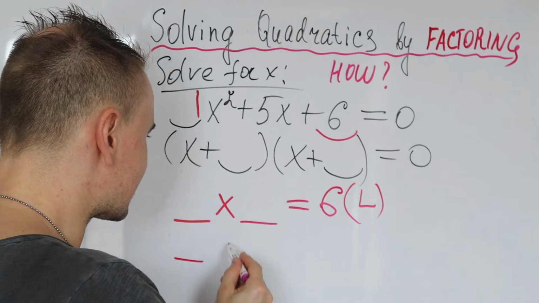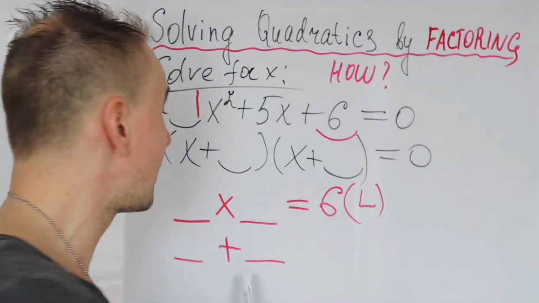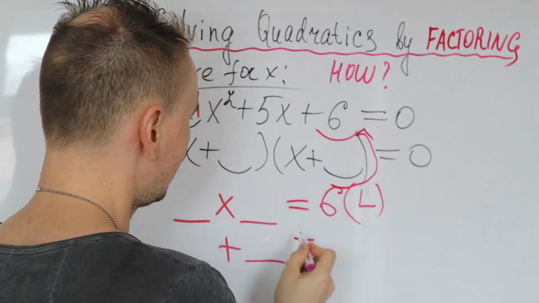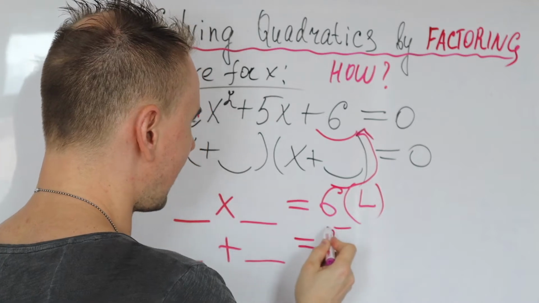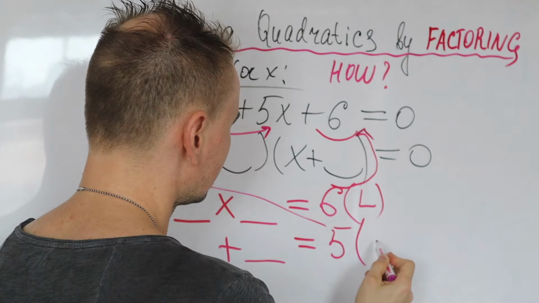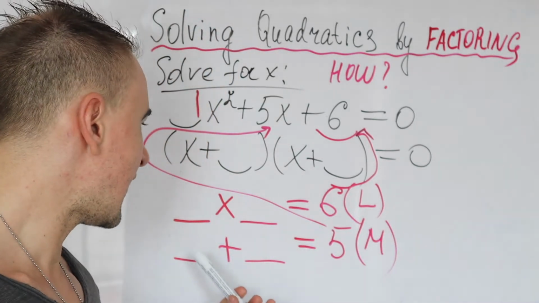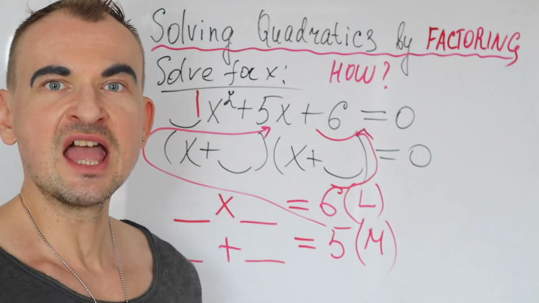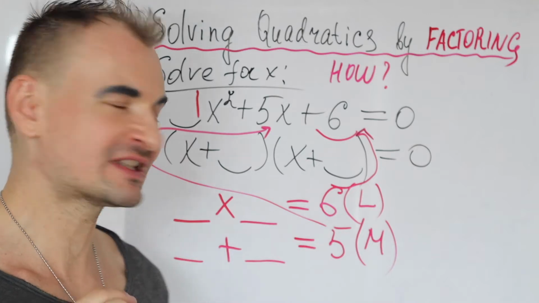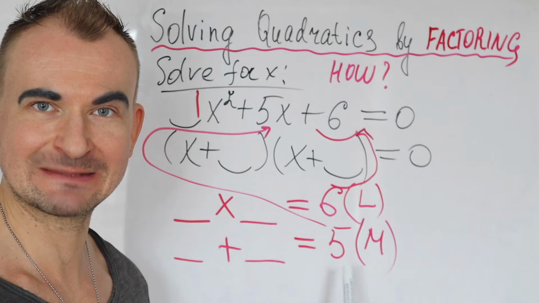And these two numbers have to add up to the middle coefficient, which is 5 in this problem.